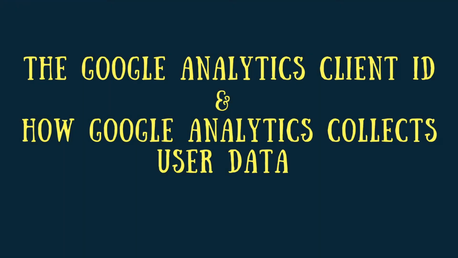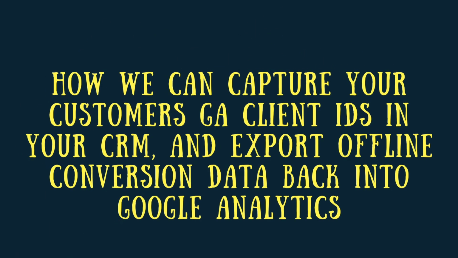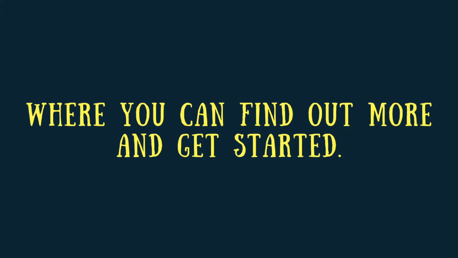Now, I'm not going to give you the step-by-step instructions on how to set up offline conversion tracking, but what I am going to do is provide you a high-level understanding of the Google Analytics Client ID and how Google Analytics collects your user data, the types of offline customer journeys and conversions that you can track in Google Analytics, how we can use our understanding of how cookies and Google Analytics tracking works to capture your customers' Google Analytics Client ID in your CRM and export offline conversion data from your CRM back into Google Analytics, and where you can find out more and how you can get started.